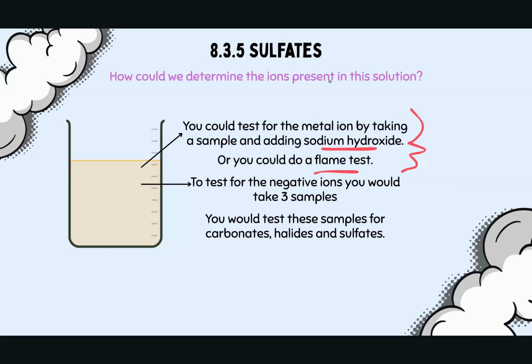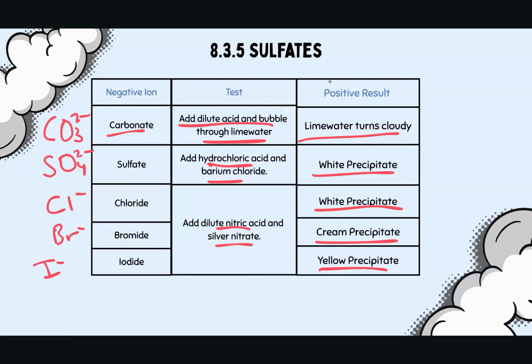Flame tests give us a range of colors as well, and that helps us to identify our metal positive ion. Then we can test for negative ions, and that will take 3 samples, because one sample tests for carbonate, one tests for sulfate, and one tests for halide ions.